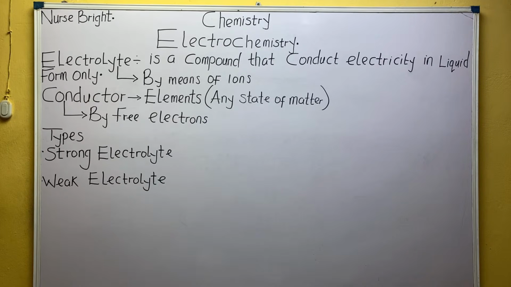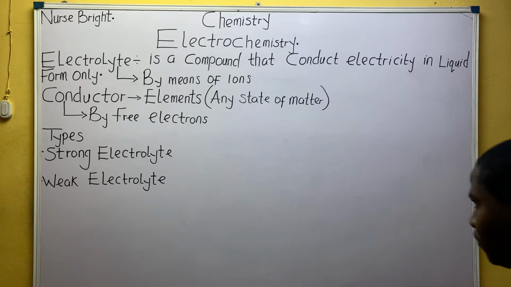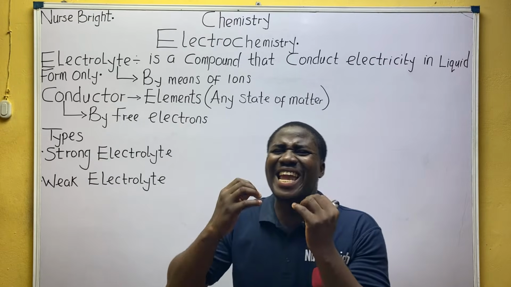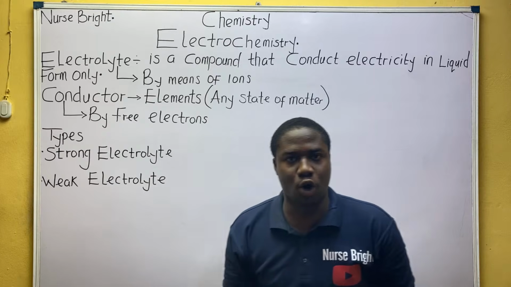For an acid to be strong, guys, what does that mean? Tell me, try. Exactly. Somebody just said that for an acid to be strong, it simply means that the acid ionizes completely in water or a solution.